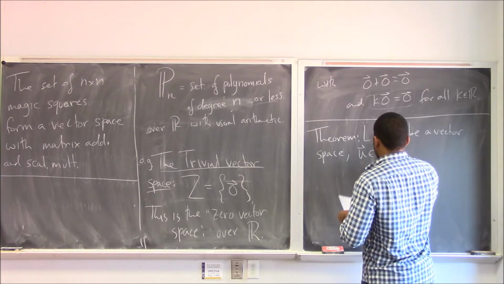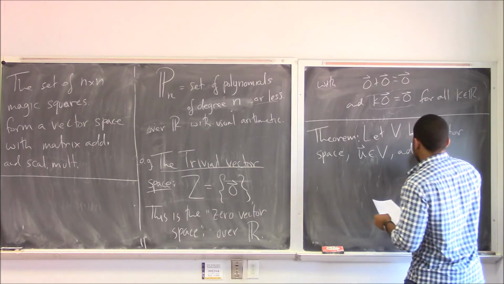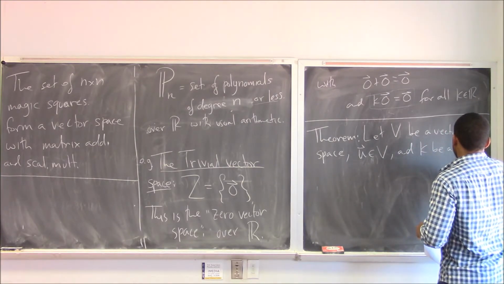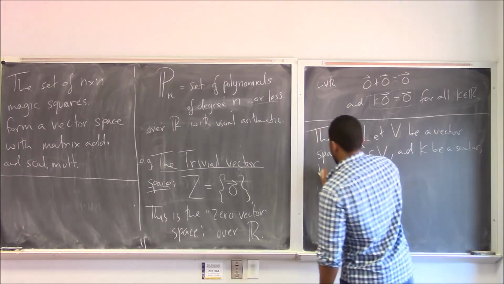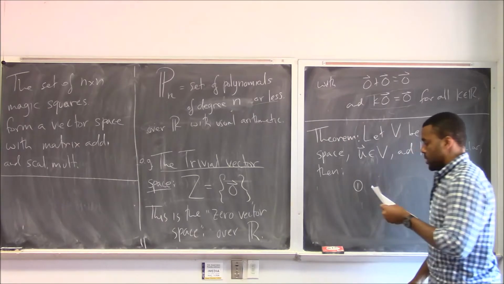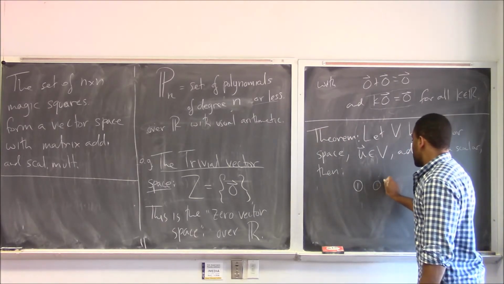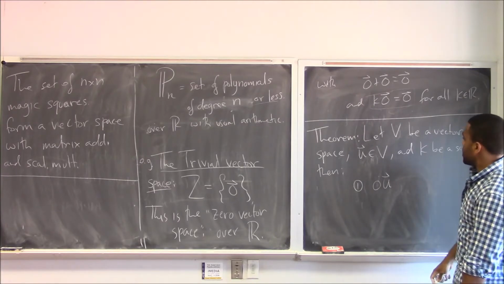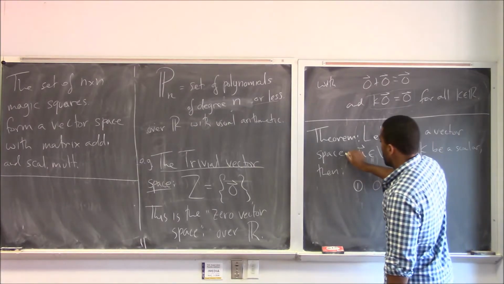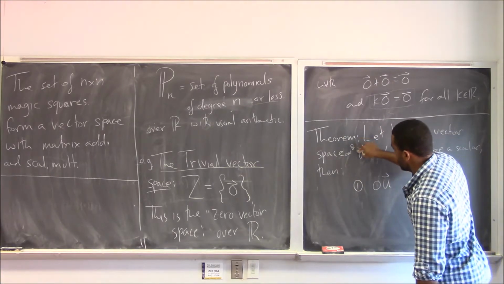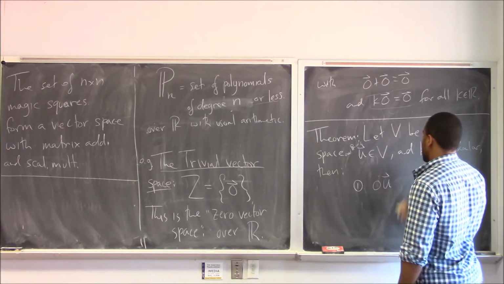Let u be an element of V, and k be a scalar. Then, here's some things. Be a vector space over R or C. Then, 1.